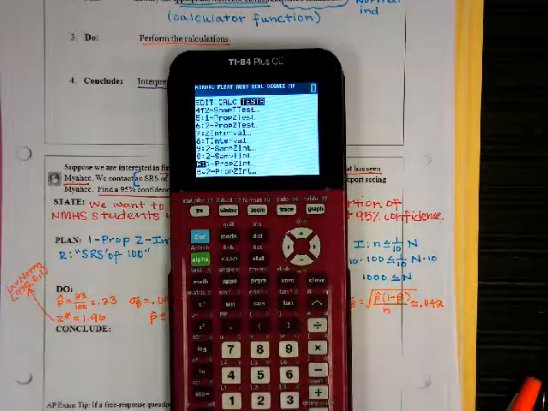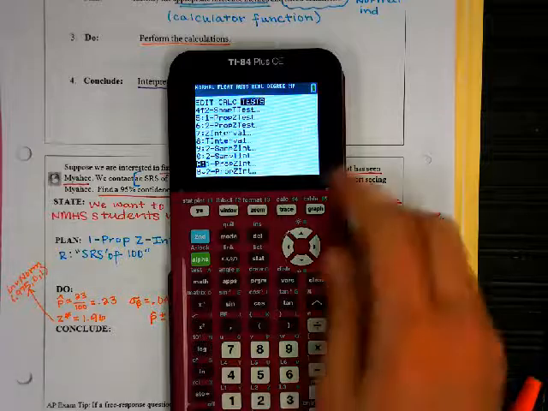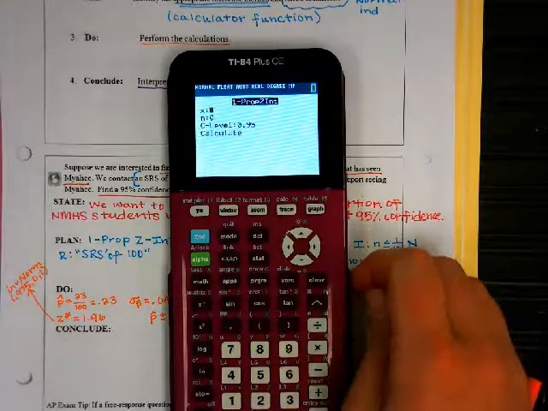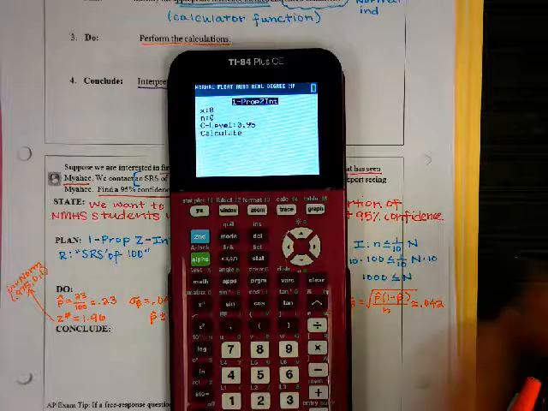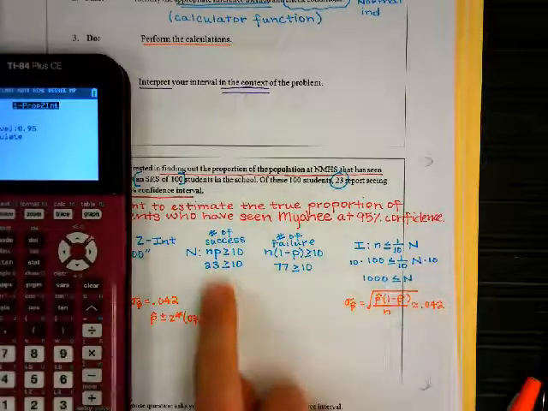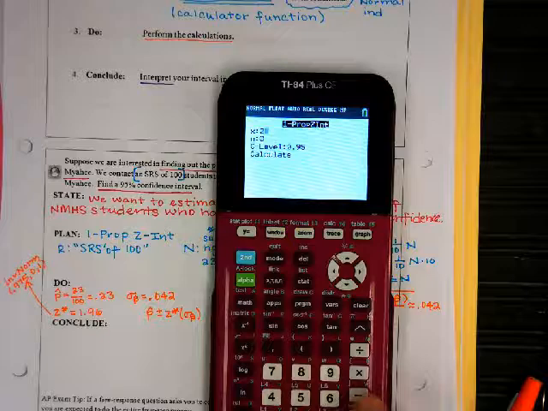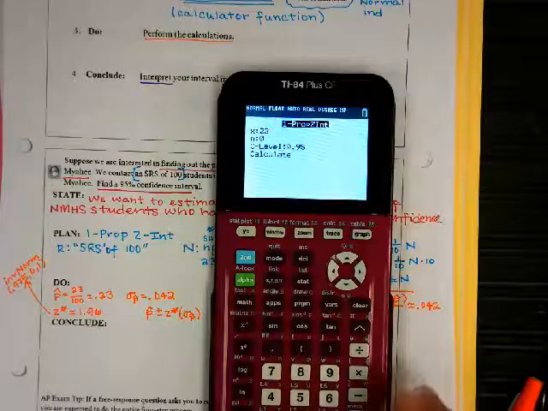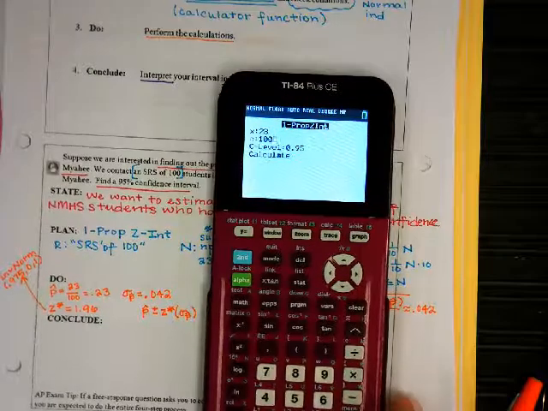Then it'll ask you information. X is the number of successes. So 23 kids had seen the video. N is your sample size, so 100. And then your confidence level usually defaults to 95%.